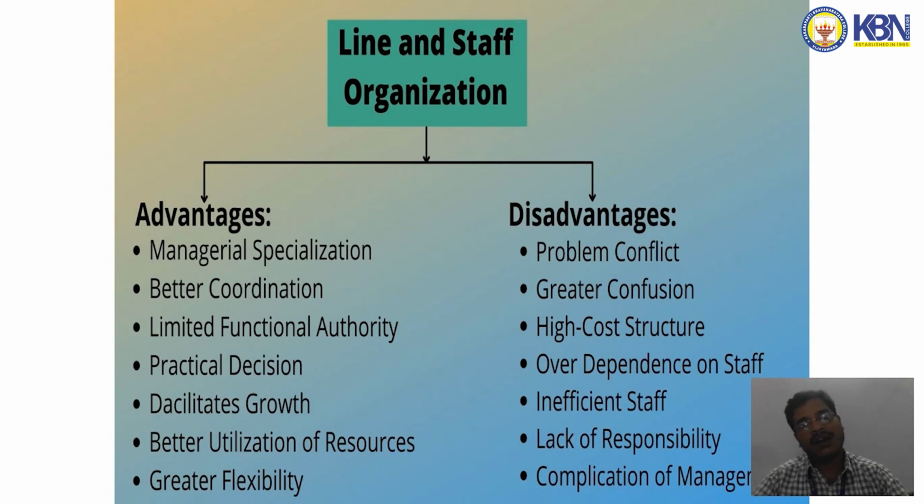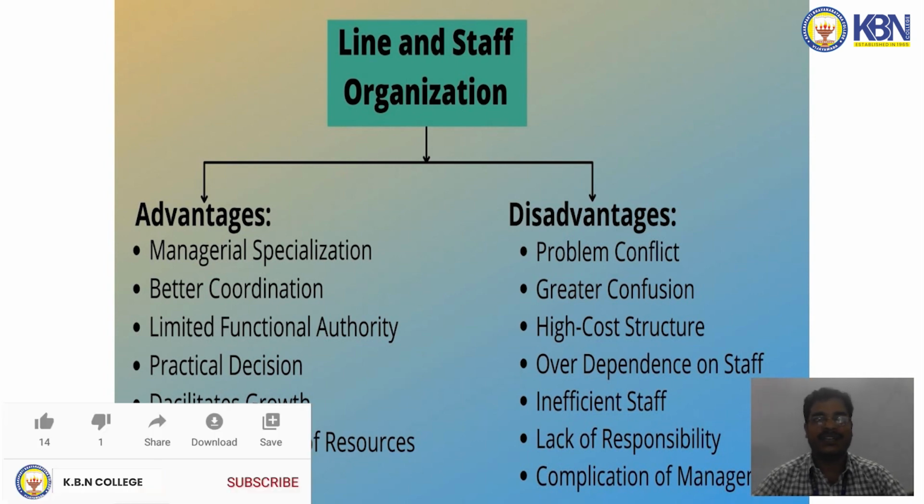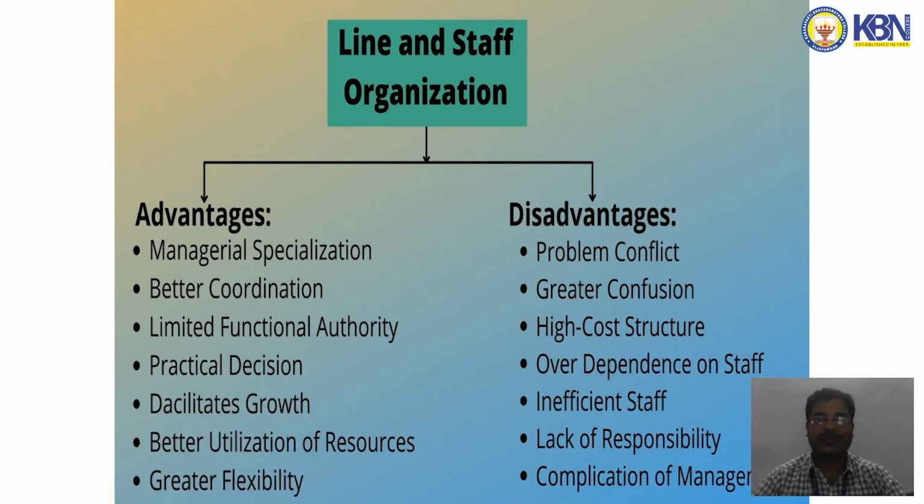See, in the line organization, line managers are taking overloaded responsibility, but in the line and staff organization, the top executives are being relieved, but the staff supervisors and even sometimes the workers may feel burden about their works. So totally line managers have to depend upon the staff people.